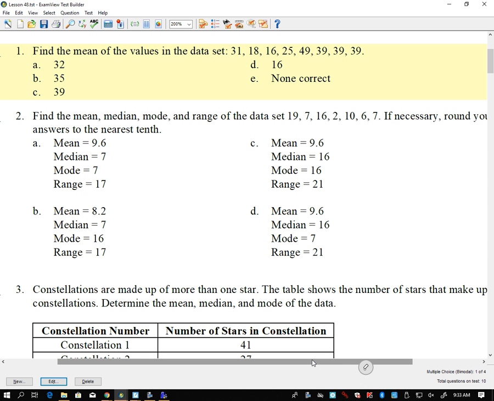Add them up, and then divide by what? I'm going to divide by all of them, which is 8. Okay, then I'll add them all up and divide by 8. Okay, good. Does anybody know what that number is? 31 plus 18 plus 16 plus 25 plus 49 plus 39 plus 39.